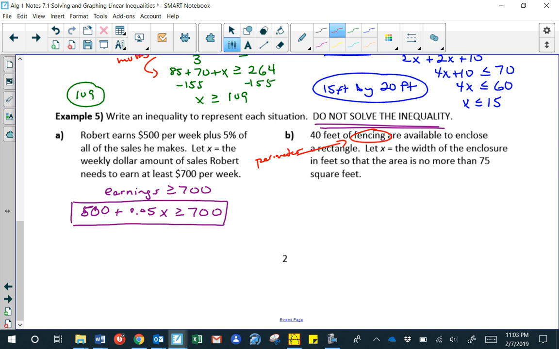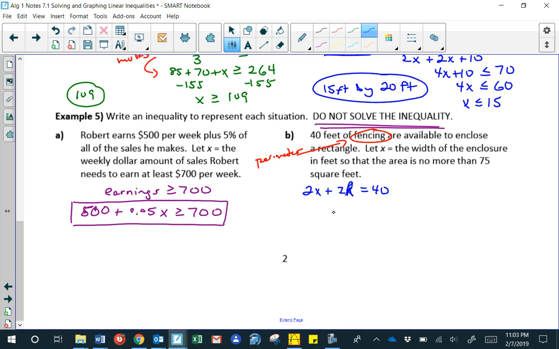So if x is the width of the enclosure, then the perimeter, 2x plus 2 times the length, has to equal 40.